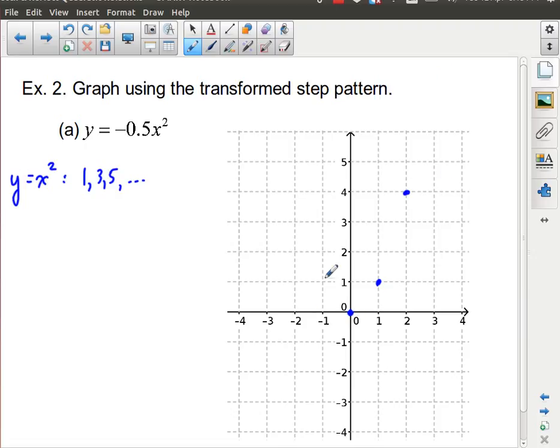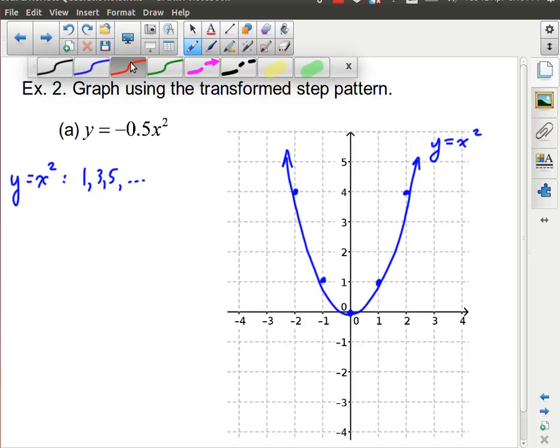Left 1 and up 1, left 1 and up 1, 2, 3, and I'm off my graph, so I don't have to continue. And try to draw a nice smooth curve. Caught the edge of the tablet there with my hand. That'll have to do. So this is y equals x squared.